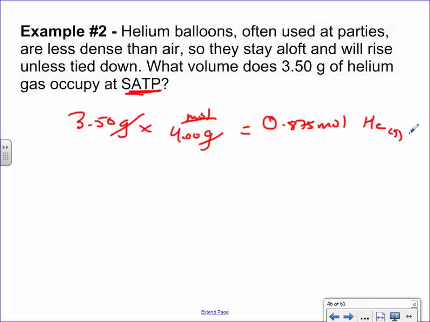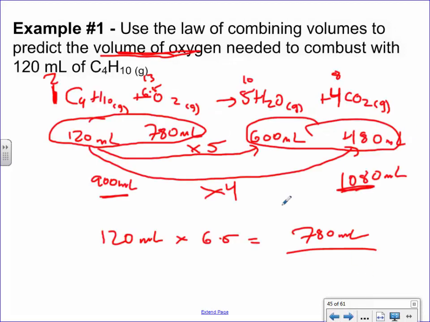I want to go back a slide here just to hopefully make my point better. Right here, we had 1 mole, and then we had 6.5, and then 5, and then 4. And what Avogadro realized is that there was a direct correlation from here to here, here to here, and here to here. If I told you how many moles you had, I could tell you how much volume there was.